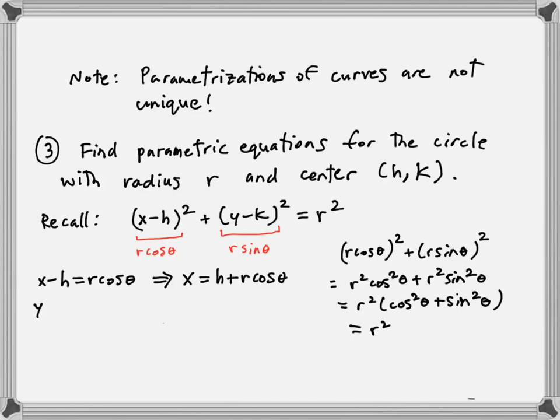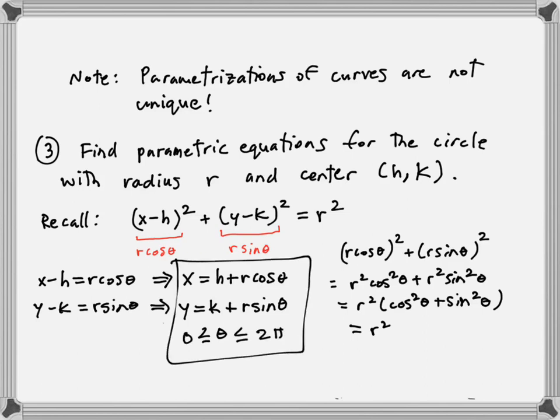And if we let y minus k equal r sine theta, then this means that y is equal to k plus r sine theta. So these are our two equations, and of course if we want to go around one time, we can just let theta go from 0 to 2 pi. So there we go.